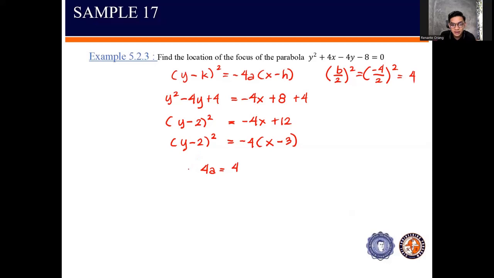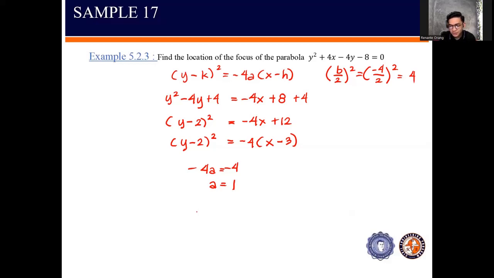Ayan, para kompleto. So, therefore, negative 4 divided by negative 4, a po natin is positive 1. Okay? Thus, our focus is 2 and 2 pa din siya. Kumbaga. Okay? So, bakit 2 tsaka 2 siya?